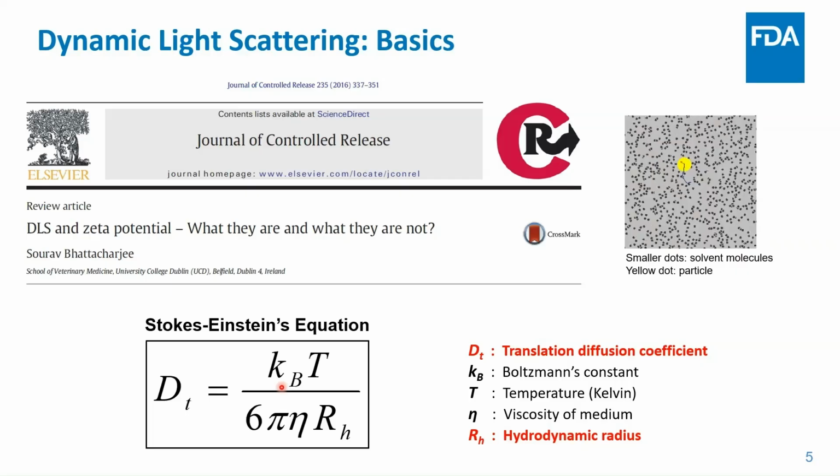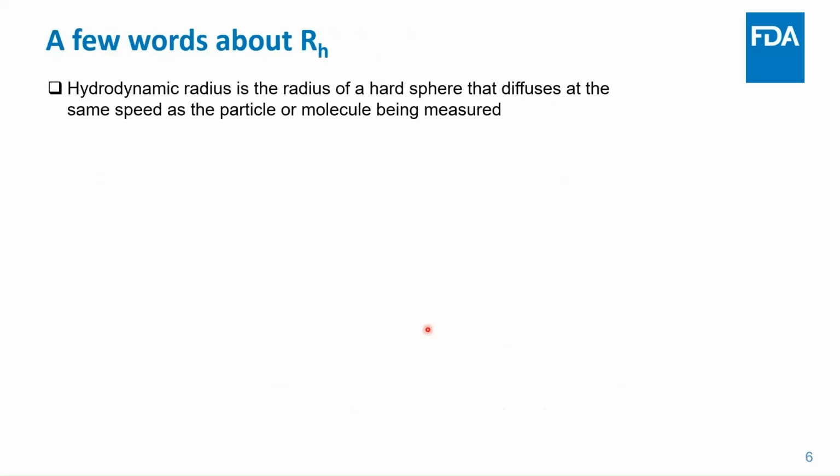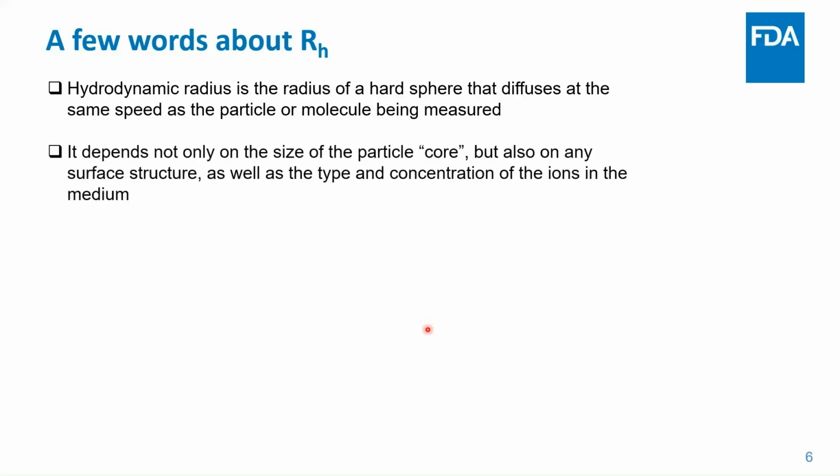So when we talk about hydrodynamic size, there are a couple of things we need to think about. The hydrodynamic radius is the radius of a hard sphere that diffuses through a medium. And that's really just equivalence, right? Whatever we're measuring, the translational diffusion coefficient, we're converting the size back to an equivalent sphere that diffuses in that manner. That's what the hydrodynamic radius is.